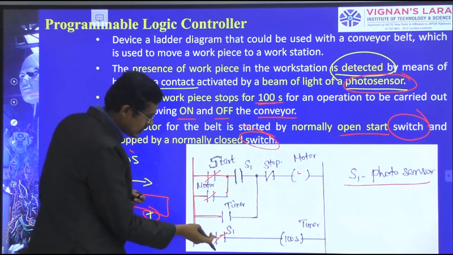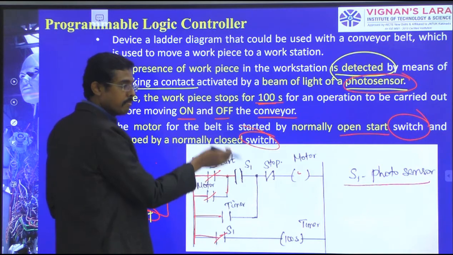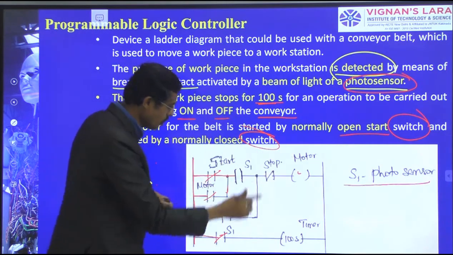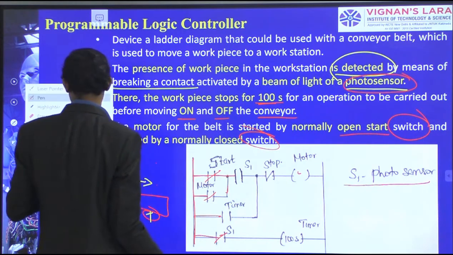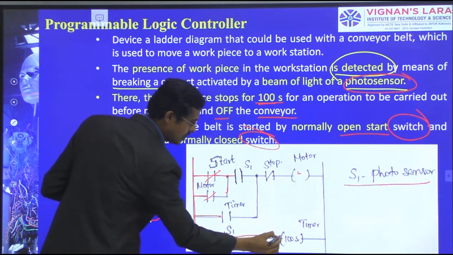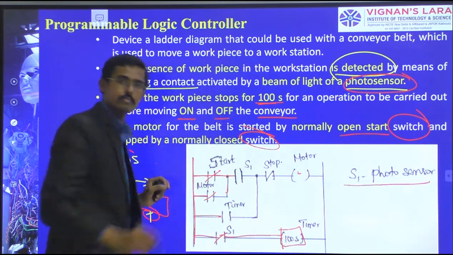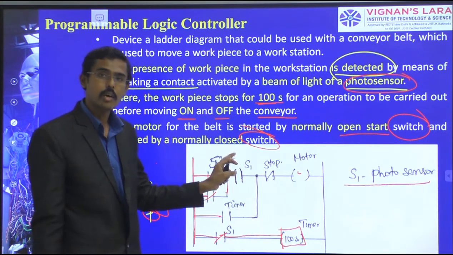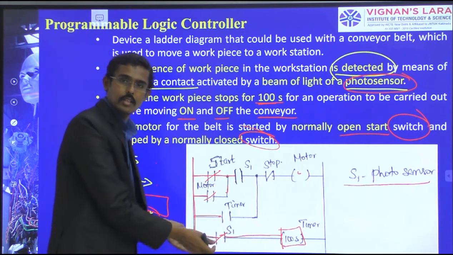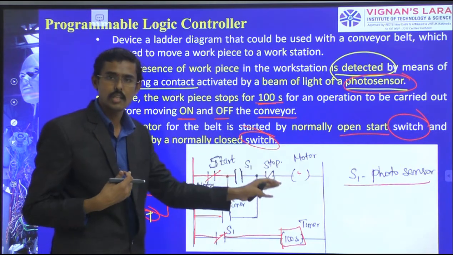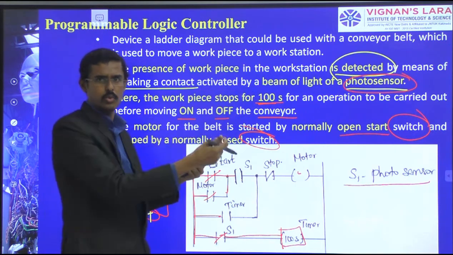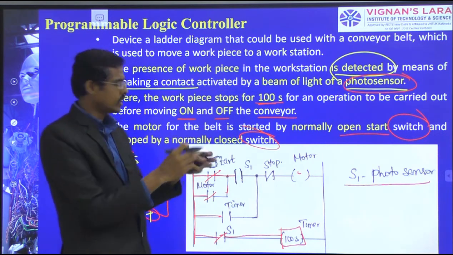You see, sensor S1 makes the break contact for the motor to turn off, and it also gives the connection to the timer. In such a way, the 100 seconds is started here. The operation is going on, which is not in the ladder. Our initiation is that the motor should start after 100 seconds. That is the program. In the meanwhile, the secondary operations of a tool bit may come and act on the object, which we have not mentioned.